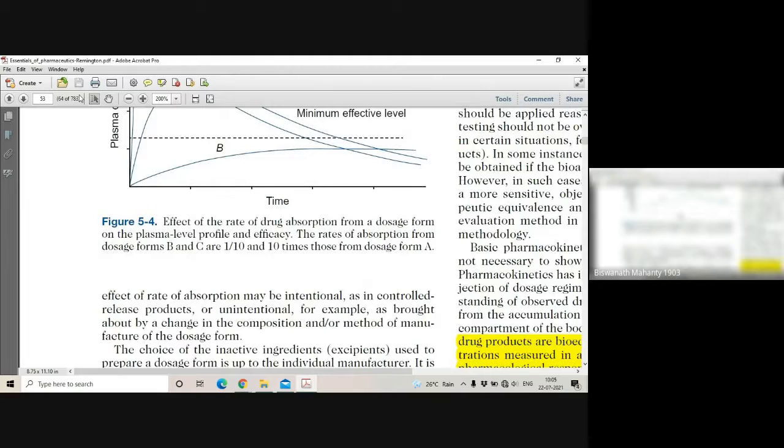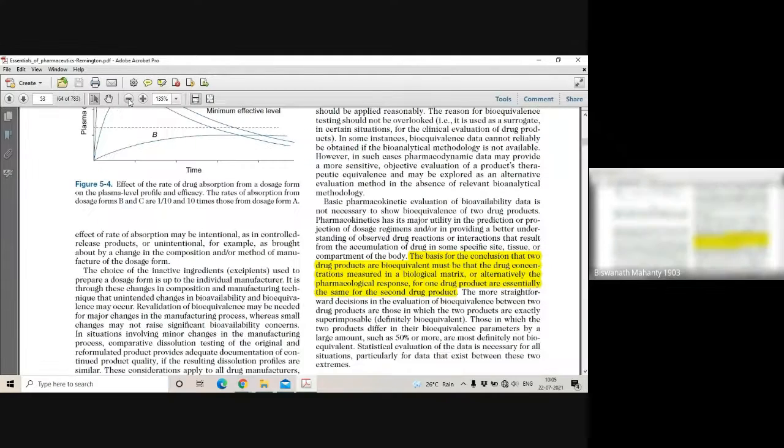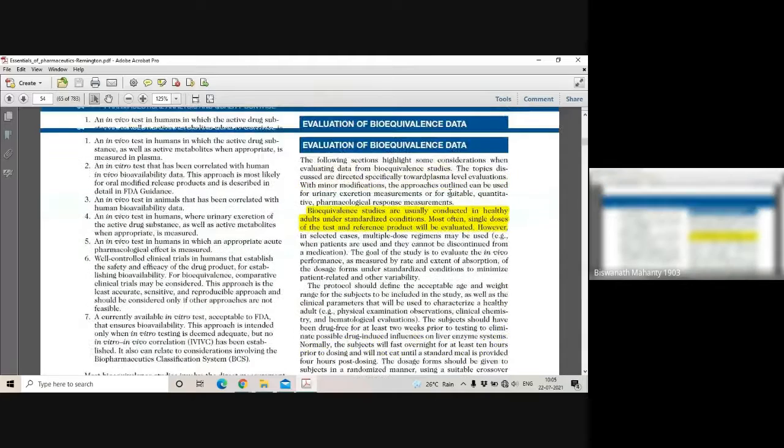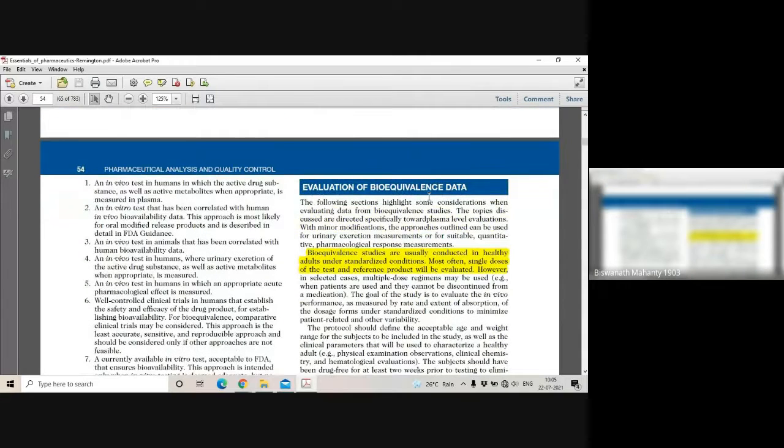We have already studied these aspects, and I will not discuss them. So we should have a basis for how we are going to do a drug comparison. Bioequivalence should be compared. Alternatively, we can find out the pharmacological action you are looking for. So concentration or drug action results must be there. And then we talked about evaluation of bioequivalence data, how I'm going to do single dose.